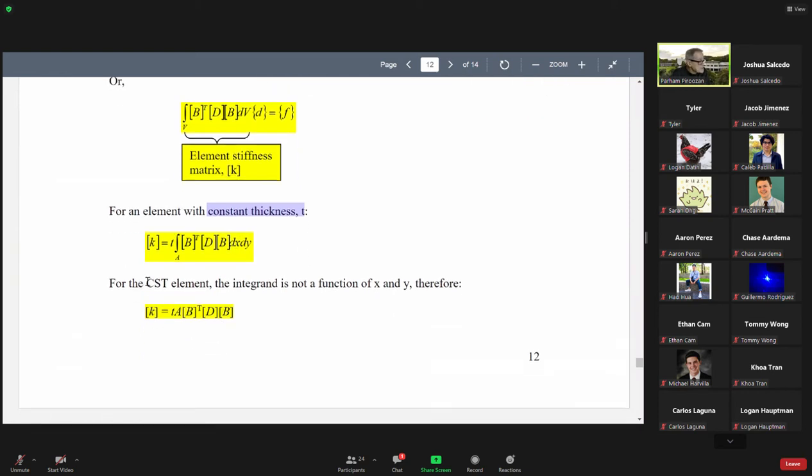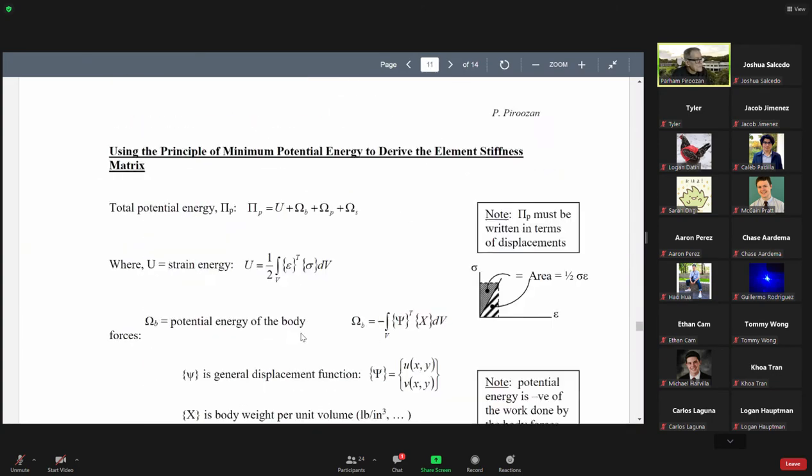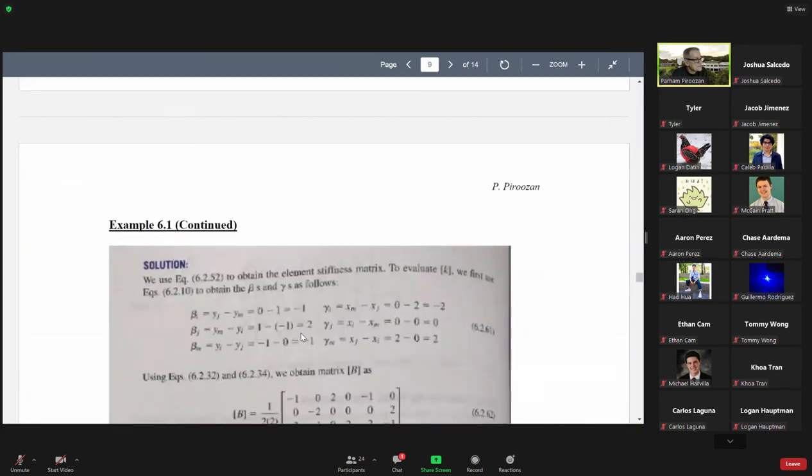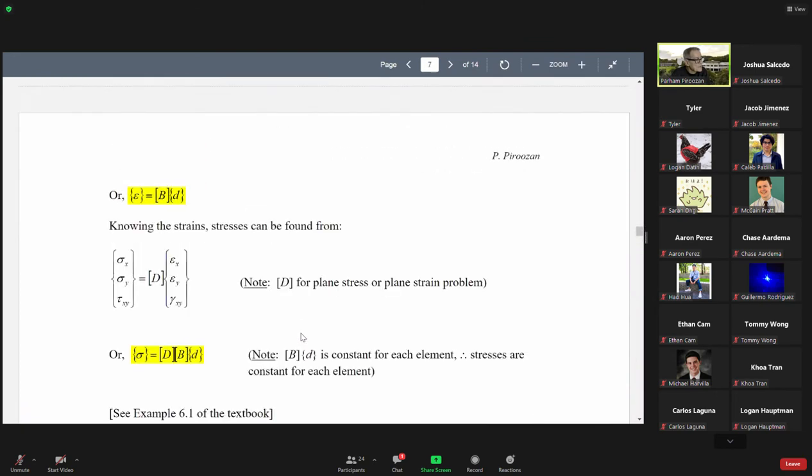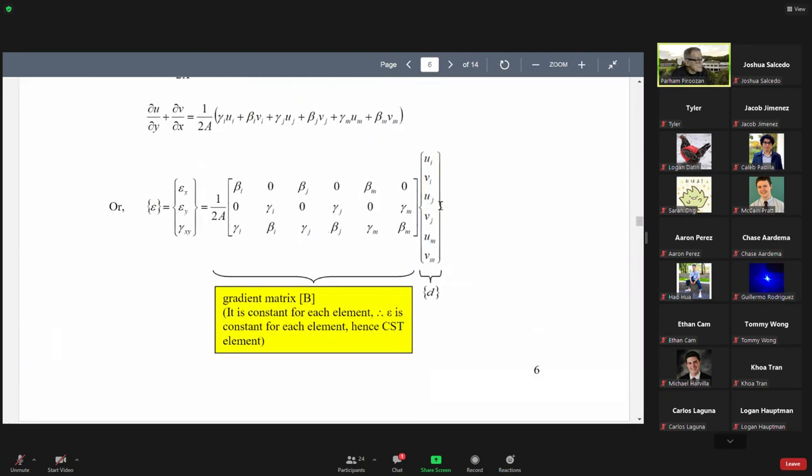But for constant strain triangular elements, furthermore, this B matrix, this B here, you see, this was this. I have to go back there. This was the B matrix. This was B. These are just nodal coordinates. So everything is constant.